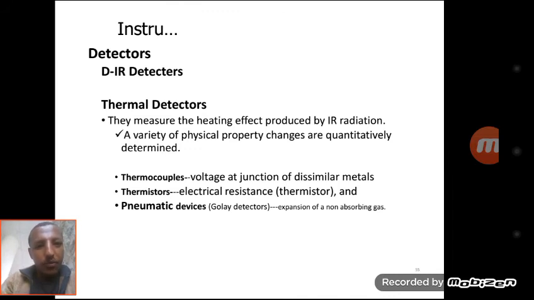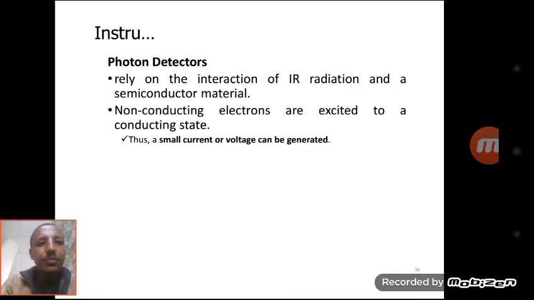These include thermocouples, thermistors, and pneumatic devices. Thermocouples measure voltage at the junction of dissimilar metals. Thermistors measure electrical resistance, and pneumatic devices, Golay detectors, measure the expansion of non-bonding gases.